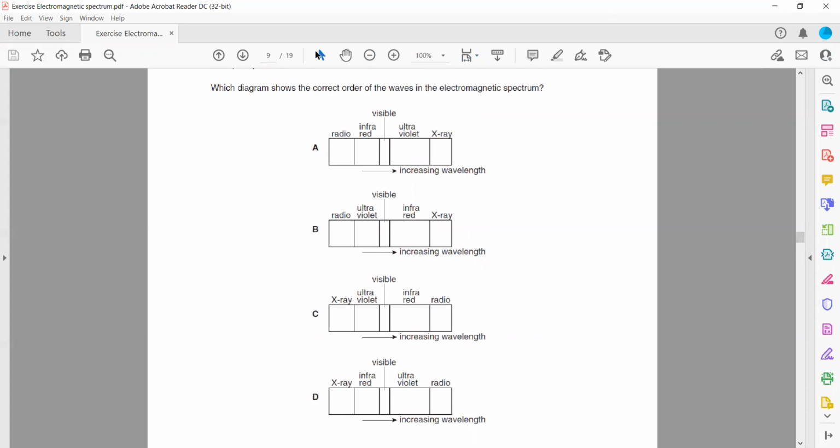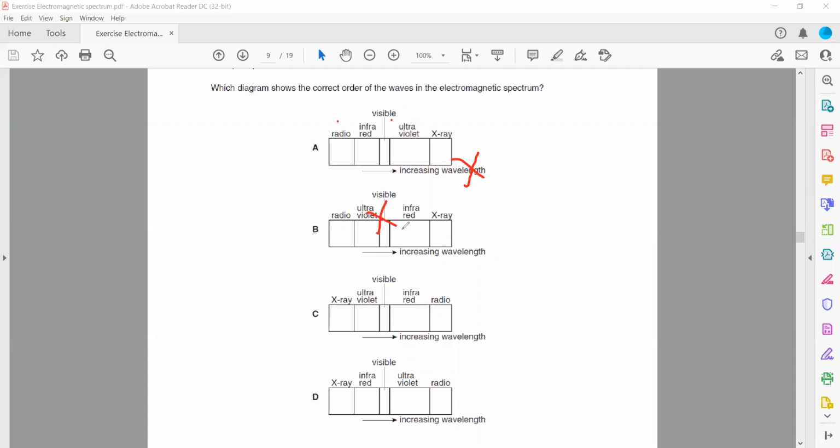Which diagram shows the correct order of the electromagnetic spectrum? Radio, infrared, visible, ultraviolet, X-ray, increasing wavelength: that is wrong, because in this order the wavelength is decreasing. Radio, ultraviolet, visible: this is totally wrong, because between radio and visible it should be either a microwave or an infrared.